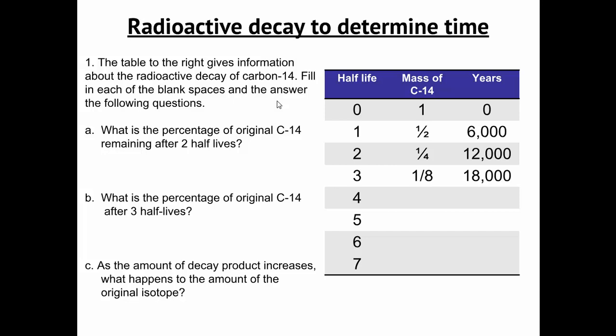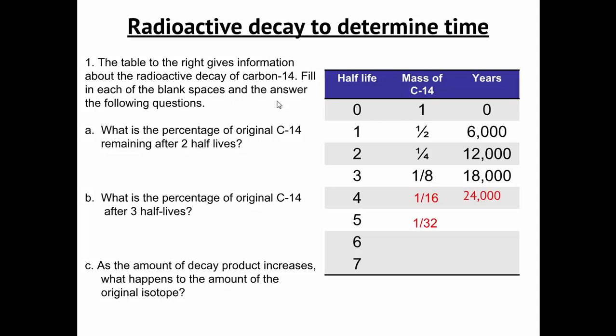After 2 half-lives, a quarter of the original carbon-14 is left, and it will have been 12,000 years. And repeat it over and over again. After 4 half-lives, how much of the original is left? 1/16. And how many years will it have been? 24,000 years. After 5 half-lives, you'll be left with 1/32 of the original.